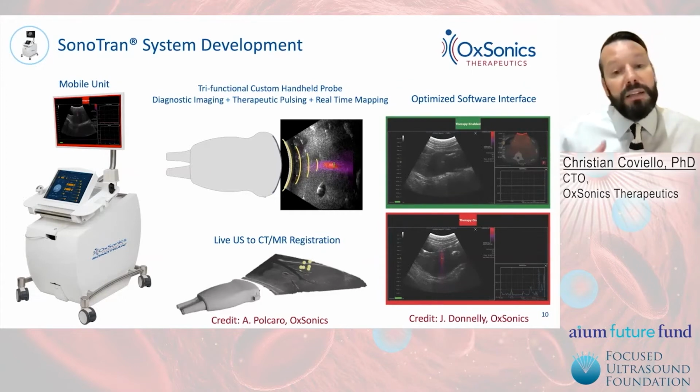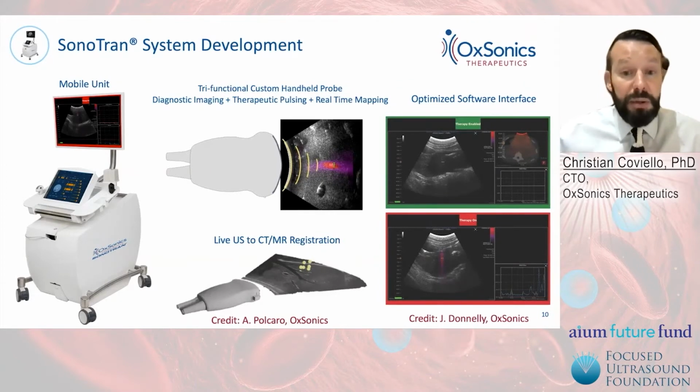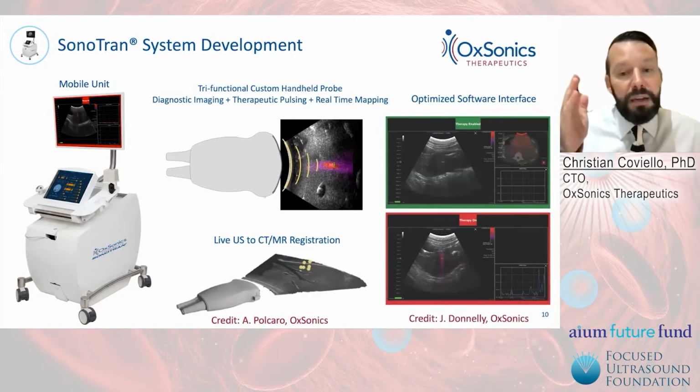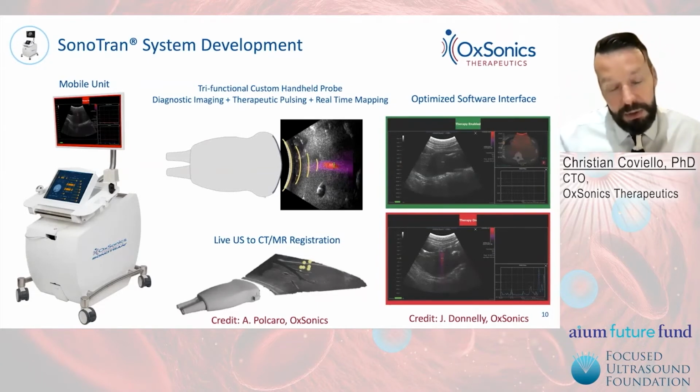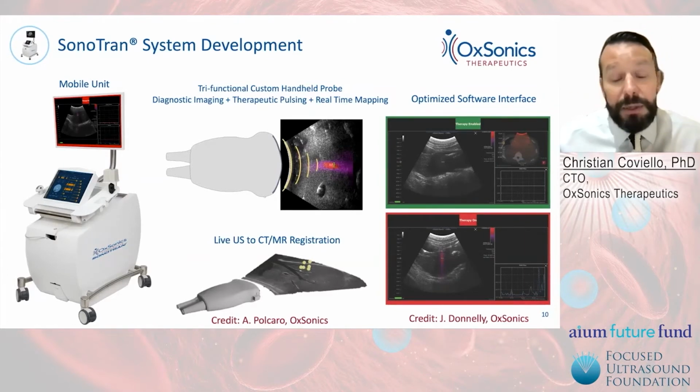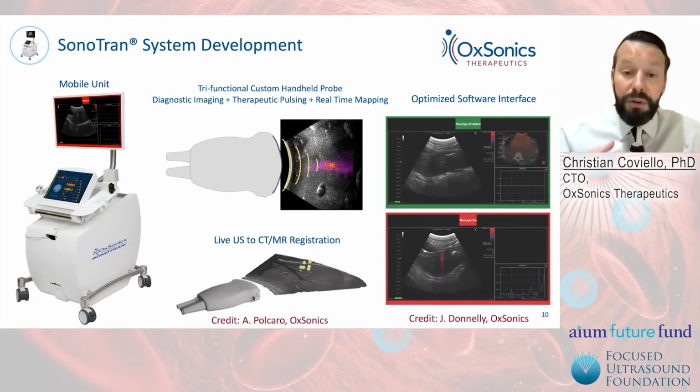By multifunction, I mean it does B mode imaging to guide the treatment. And out of the same aperture, in a curvilinear handheld form factor, it sends in focused therapeutic ultrasound at 500 kilohertz to cause cavitation from our particles, as well as having a separate set of elements that can listen in real time for the acoustic emissions from the particles and map that.